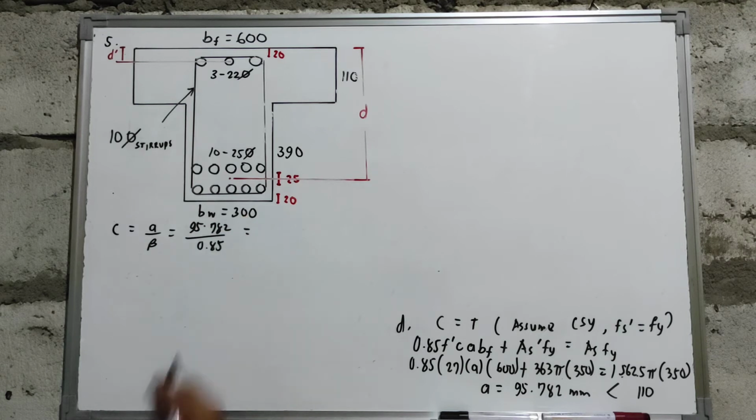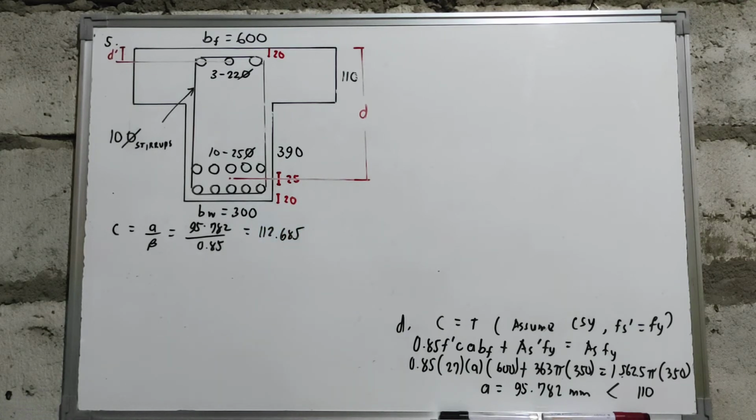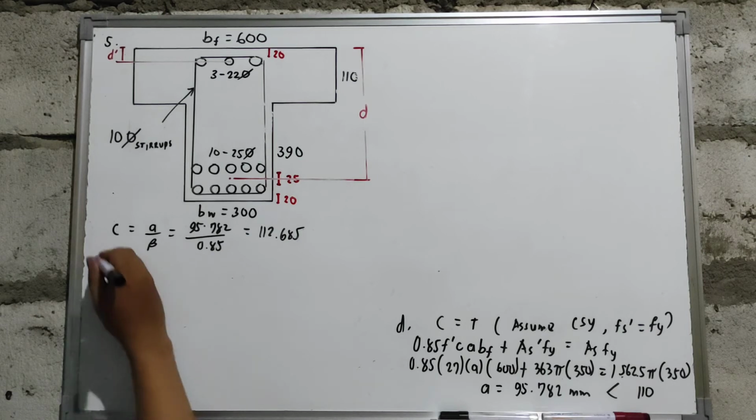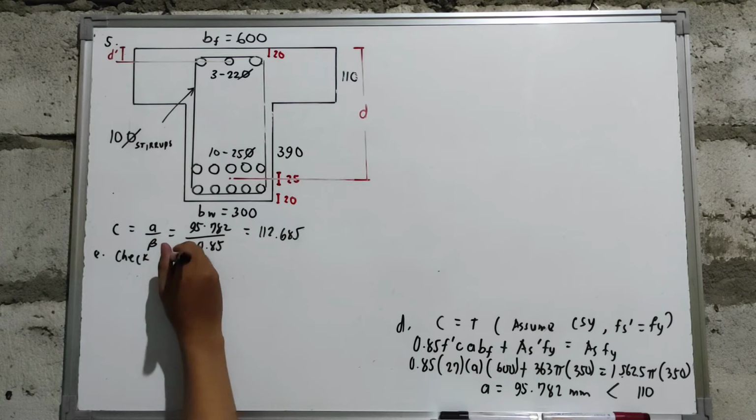So C is now equal to 112.685. After computing for the value of your C, we will now check if the assumption is correct.